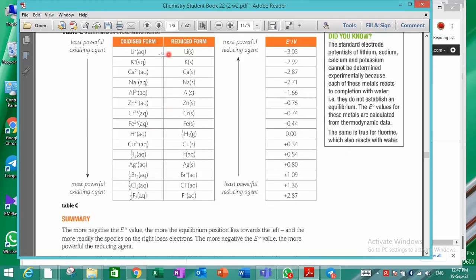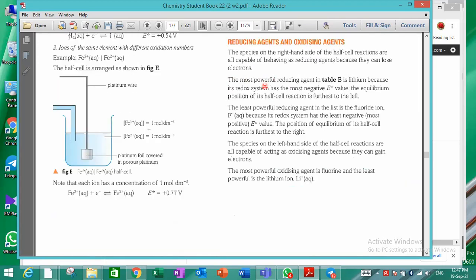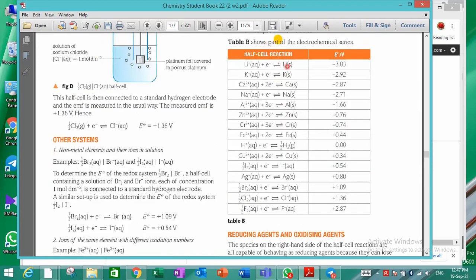We can see that lithium ions plus electron gives lithium metal has the most negative value, this means that the forward reaction is not favorable at all. But the opposite is the one to be favorable, that the lithium would give lithium ions plus electron is the favorable one.